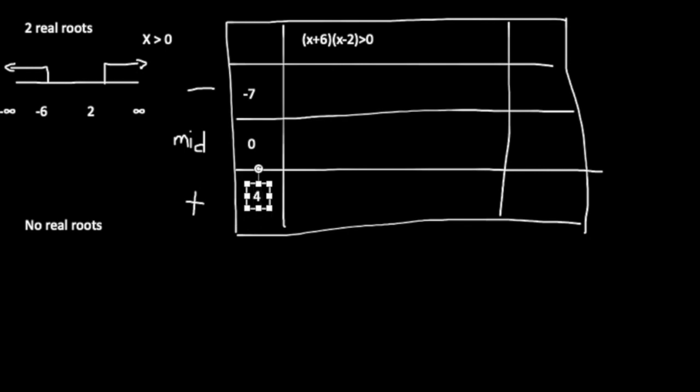Now, when you plug in the negative 7 in the x's, you're going to find out that negative 7 plus 6 is going to give you a negative number. Then you multiply that by negative 7 minus 2, which is also going to give you negative, which means that the equation is going to be positive, and that is greater than 0, which means that this is true.